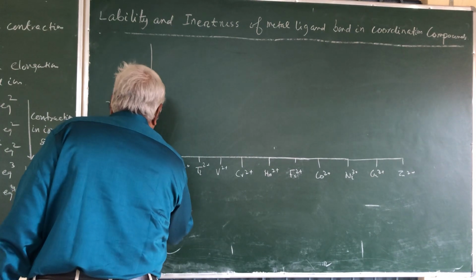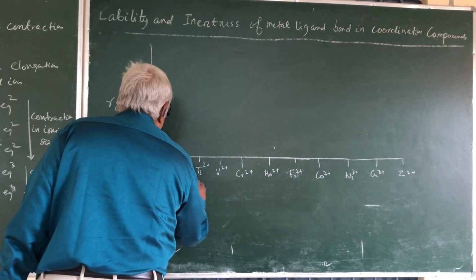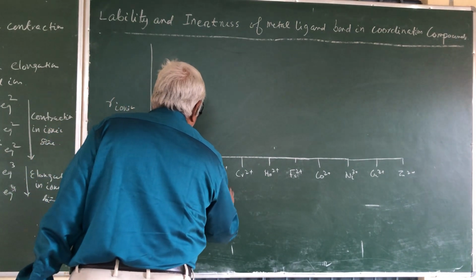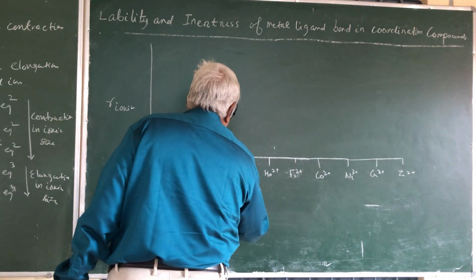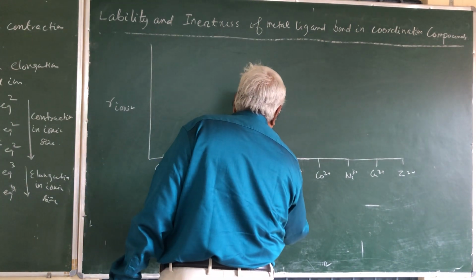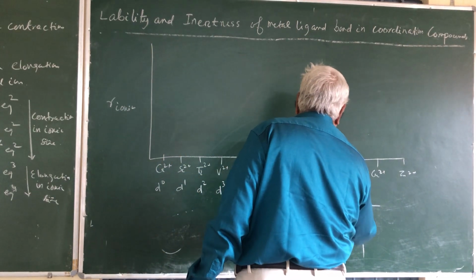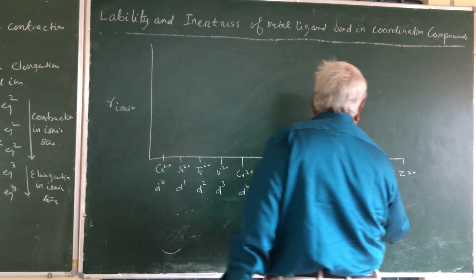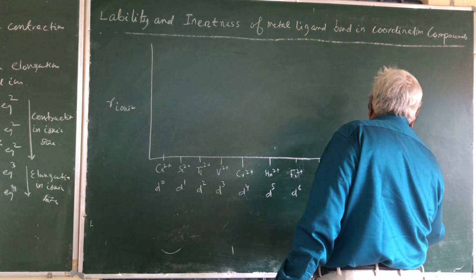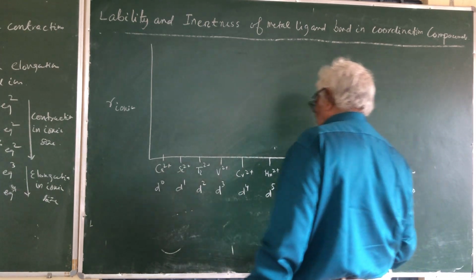So this is D0, D1, D2, D3, D4, D5, D6, D7, D8, D9, D10.